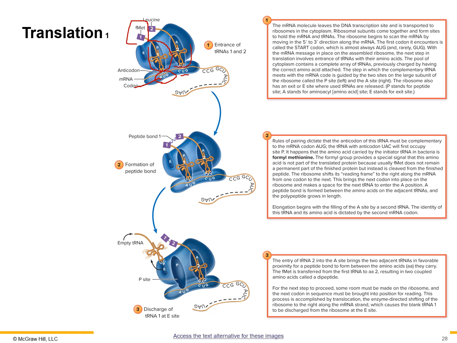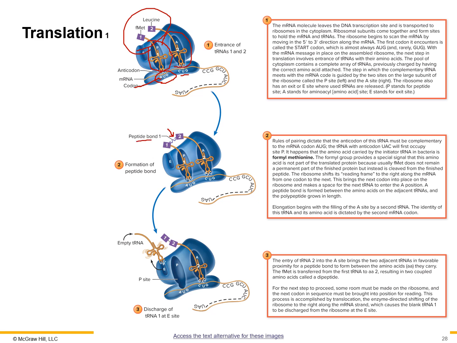Again, a tRNA comes in, binds using its anticodon, and brings leucine. Now, these two amino acids are right beside each other, and that facilitates the formation of what's called a peptide bond that is going to join those two amino acids together.